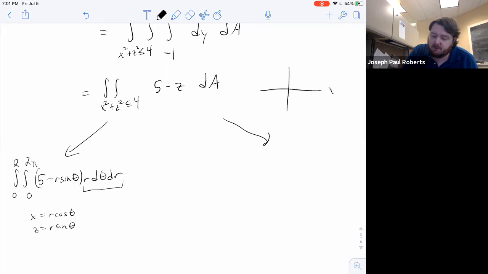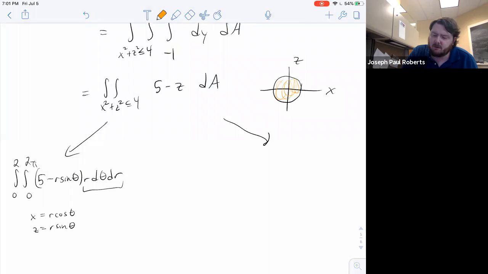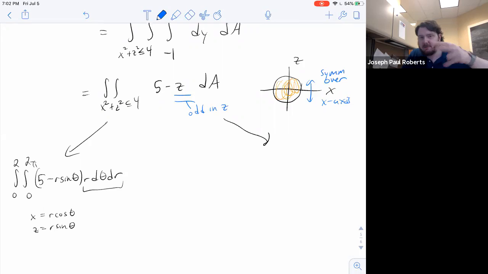However, the faster way to do this is to realize that this region in the xz plane over which I'm integrating is symmetric over the x-axis. And this term z is odd with respect to z, so intuitively the contribution on the top half is canceled by the opposite z value on the bottom.